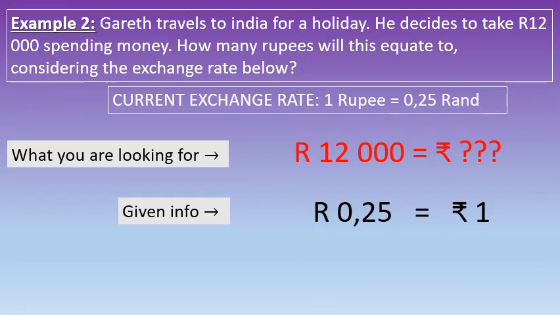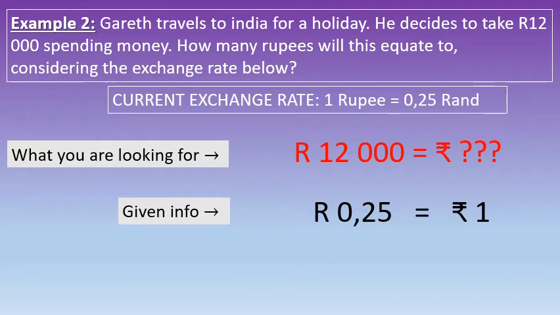Also, please note, in the previous question as well, I kept the currencies under their respective currencies. So here, rands lie underneath rands and rupees lie below rupees. Keep your columns of writing according to the currencies in order for this to work.